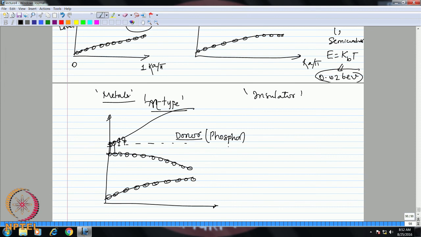And what happens when you want to make a p type semiconductor? You want to have an acceptor, whose Fermi level will be closer to the valence band of this. In this case you call this the acceptor, and the commonly used one is boron.